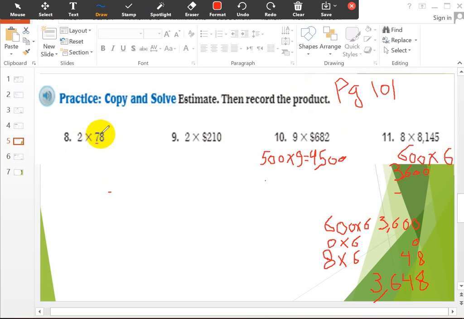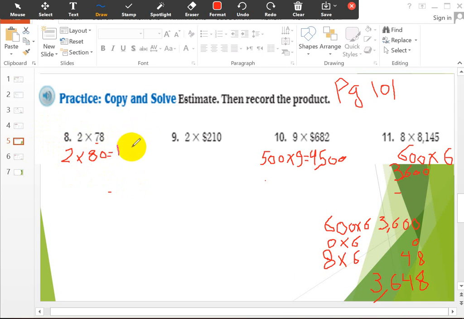Greater than 5, that means I will add 1 to the 7, so it will be 8, and the other digit will be 0. So 80 multiplied 2. I will multiply 8 with 2, and put 0 next to the number. Now 2 multiplied 8 equals what?